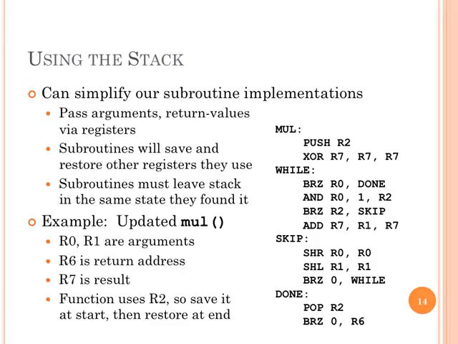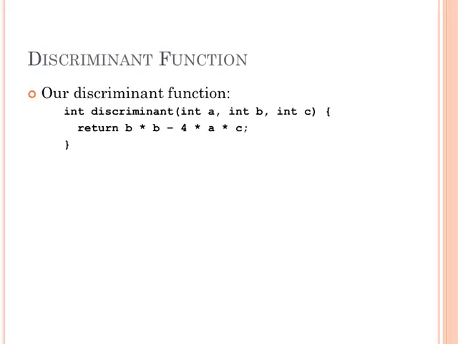Okay? So this is a little bit cleaner. Now, discriminant can be implemented without having to pay too much attention to what multiply does internally. It just has to pay attention to where the arguments come in, where the answer comes out, and where I store my return address. Still not great, but a little bit cleaner.